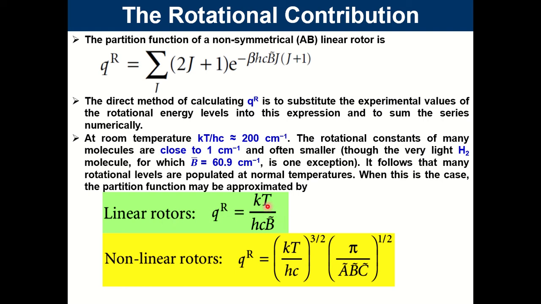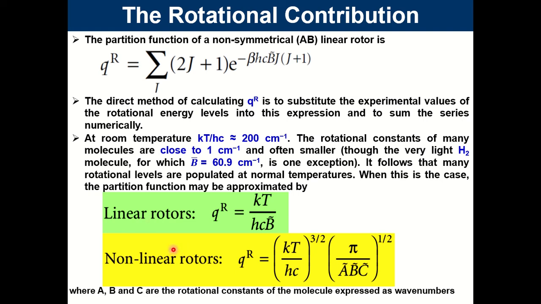This is the simplest scenario, which we must understand fully before moving to the non-linear case. For non-linear rotors, you have A, B, C as three different rotational constants corresponding to the three different modes of rotation.